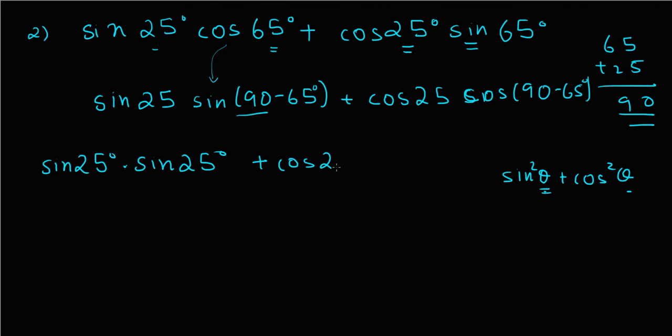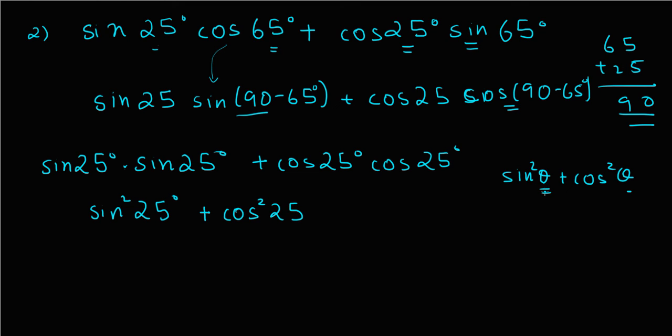Plus cos 25 degrees. This would be cos 25 degrees. So this becomes sine square 25 degrees. Sine 25 into sine 25 is sine square 25 degrees plus cos square 25 degrees. Now we know sine square theta plus cos square theta is equal to 1. The angle has to be the same. In this case, it's 25. So this is equal to 1.